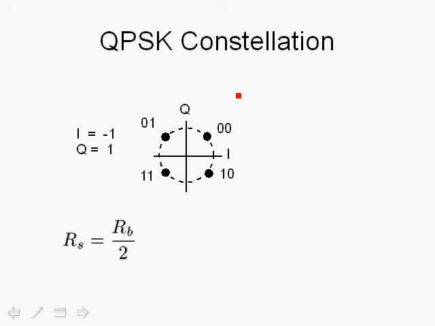One way to do that is to use the constellation shown over here. In a constellation, we basically have analog signals that can also be represented digitally, but think of them as analog in a two-dimensional space. We have the in-phase channel and the quadrature phase channel. We have the in-phase axis and we have the quadrature axis.